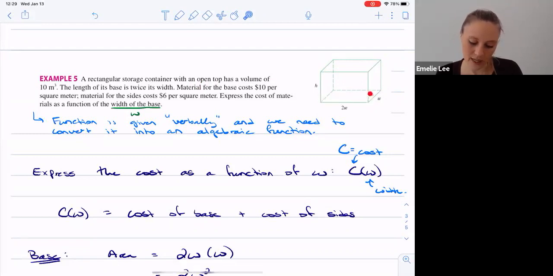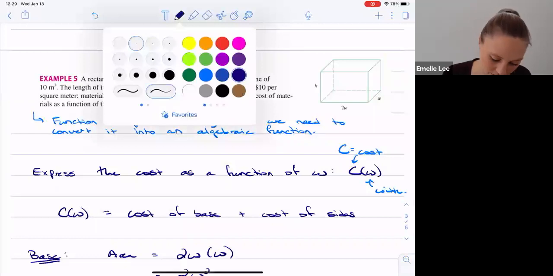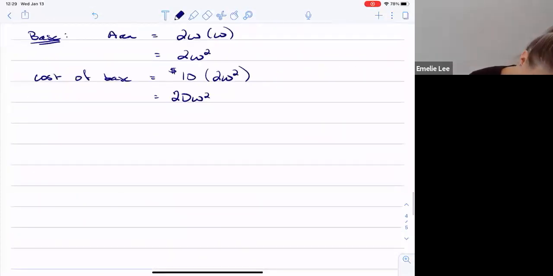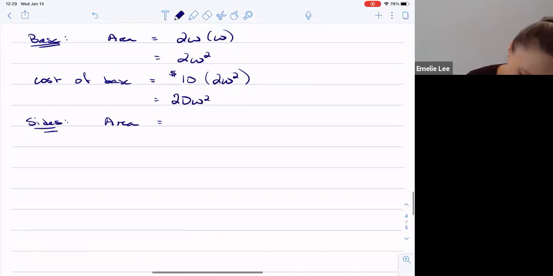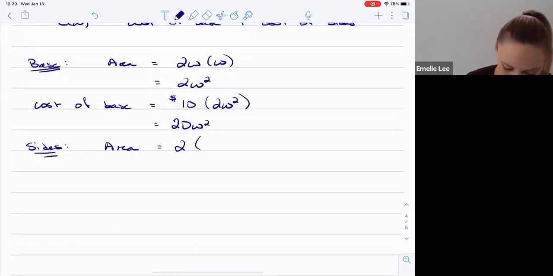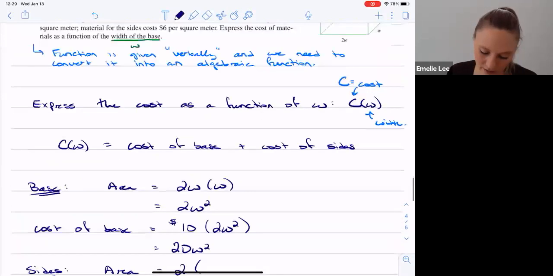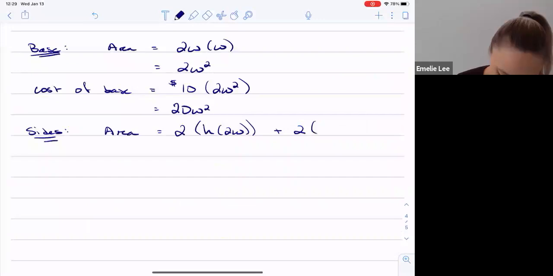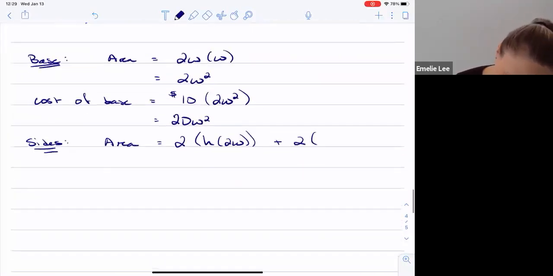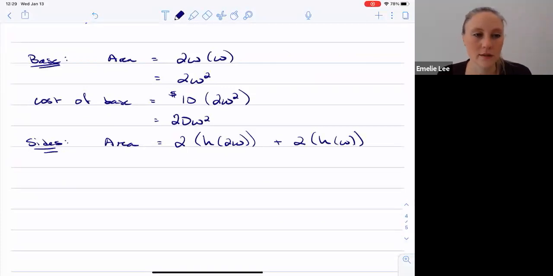Okay, so for the sides, it's a little bit more work, right? So let's go there. The area of the sides is going to be 2 times that first one, h times 2w, plus 2 times w, h times w. That's the total area of the sides, right?